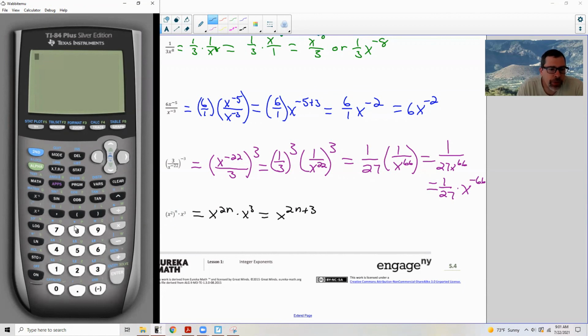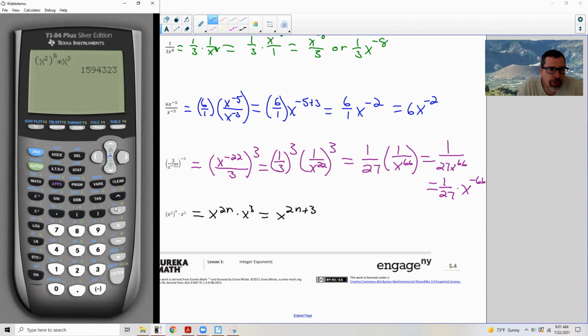Okay, so now I'm going to put parentheses, x squared, close parentheses, to the power of alpha log for n, times x cubed. Enter.